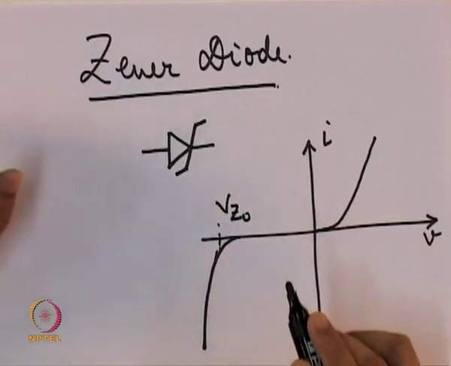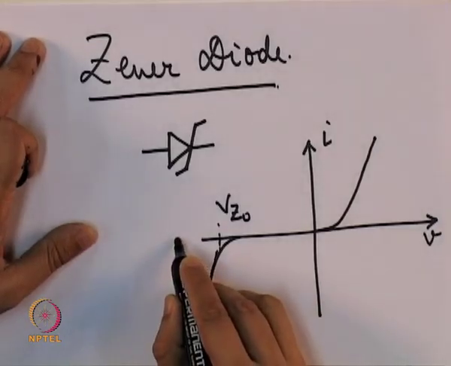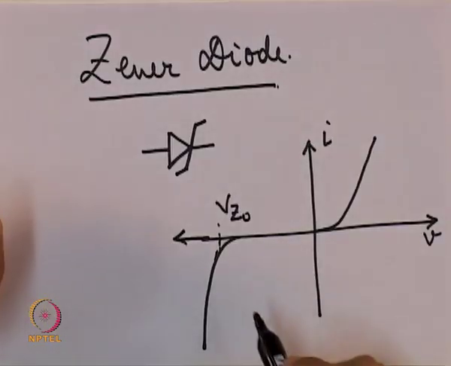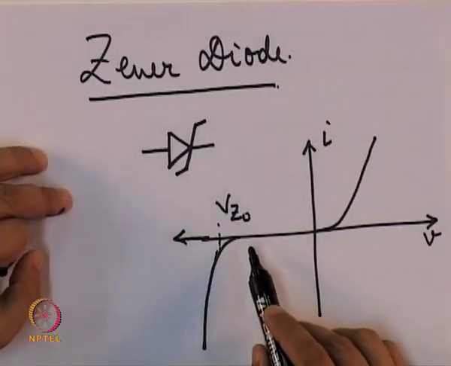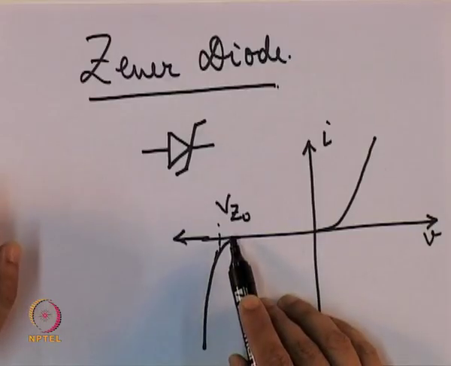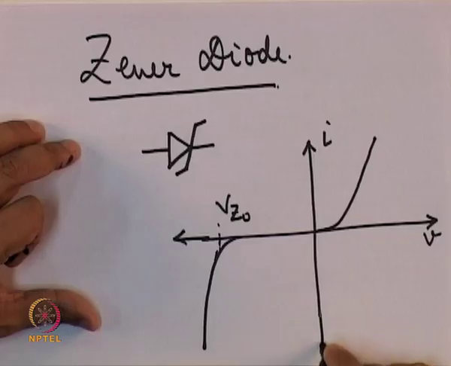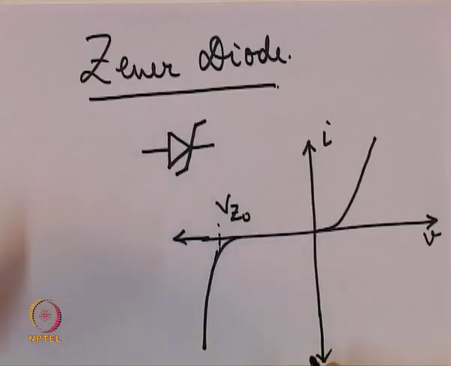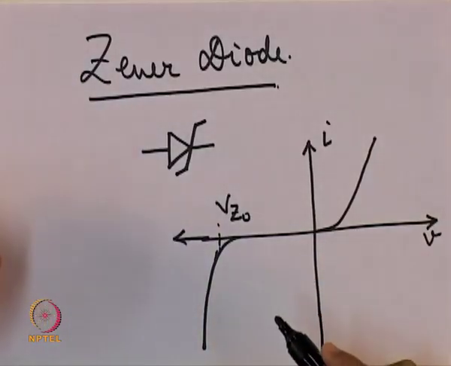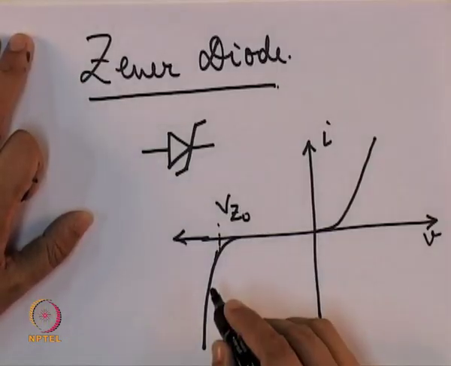Just like the forward bias threshold voltage of a diode, we now have a reverse threshold voltage. If the voltage across the Zener diode is made more negative than this VZ0, then there will be a sudden spike in the current flowing through the diode, or the resistance offered by the diode in the reverse bias region will suddenly fall.